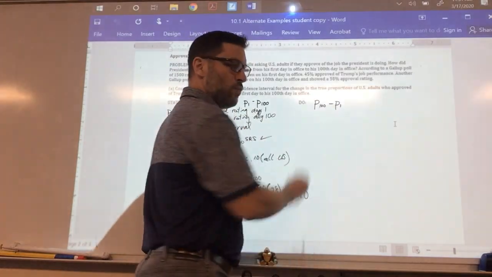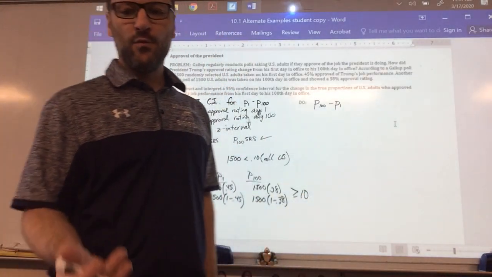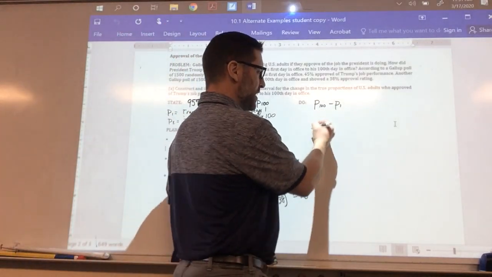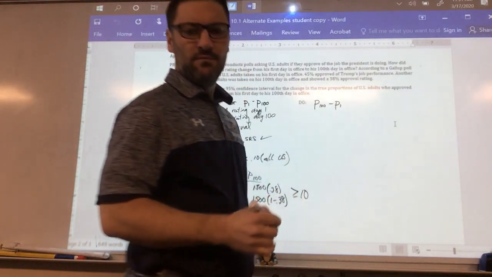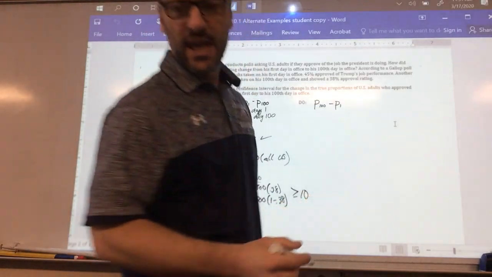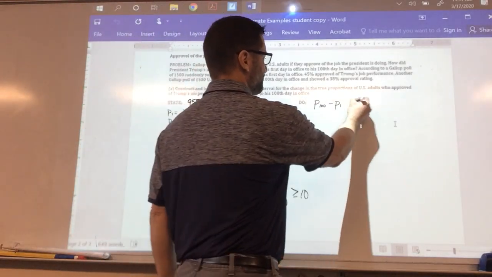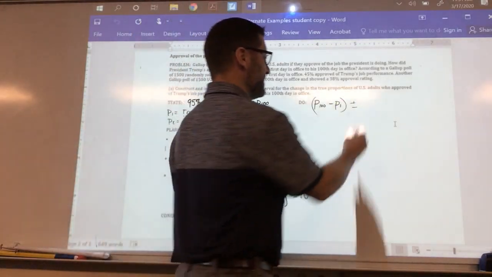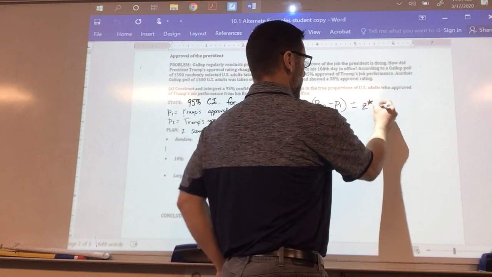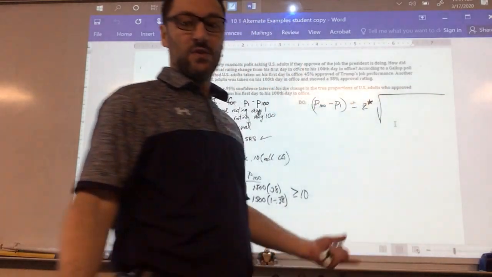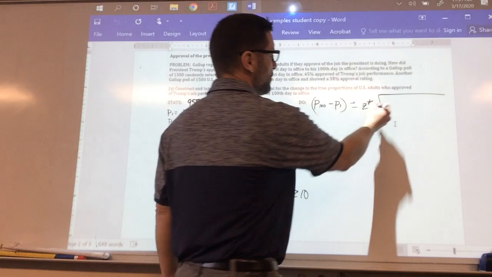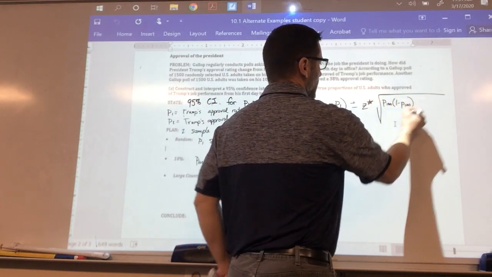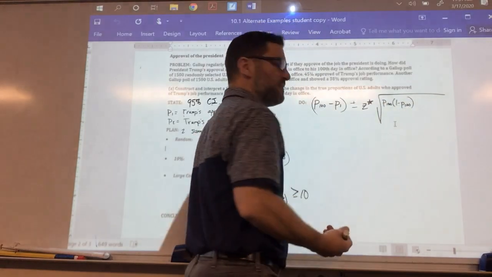So we're going to write the confidence interval formula. We take P100 minus P1, and those are our statistics, plus or minus the Z star value. And now I have that big long square root thing. I'm going to take P100, 1 minus P100, the proportion on the 100th day that we found.